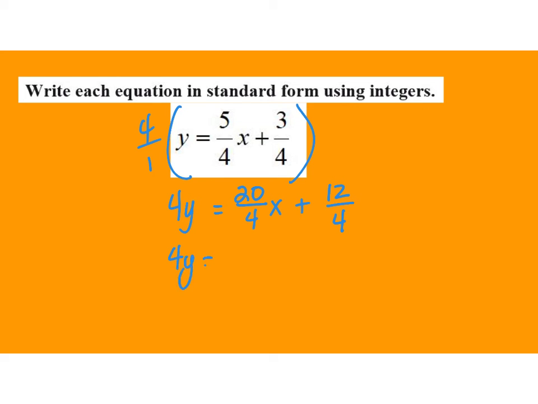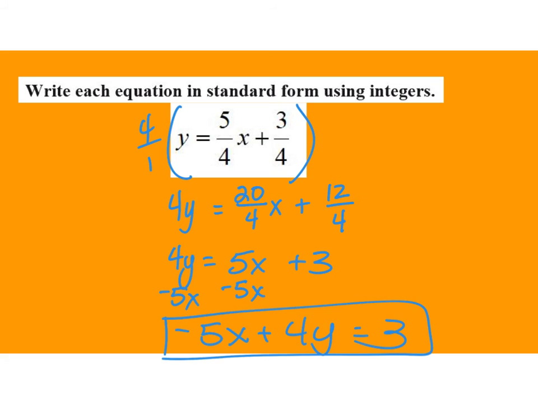So we have 4y equals 5x plus 3. That's almost slope-intercept form, not quite, because y isn't completely by itself. But we're going to standard form anyway, so that means I'm going to move that 5x over. So I have negative 5x plus 4y equals 3. And that gets us exactly what we need.